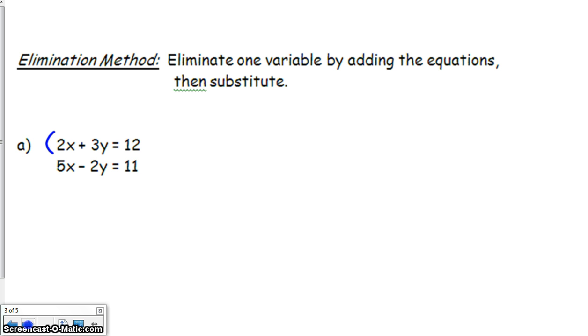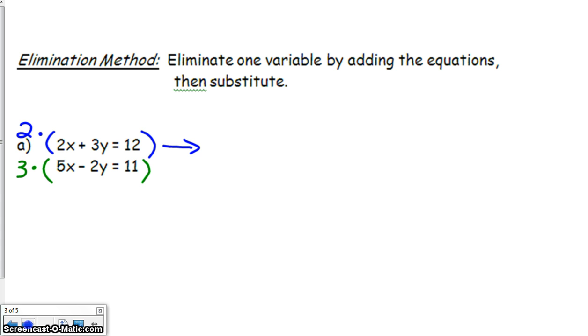So I'm going to multiply my top equation in order to turn the coefficient of y into 6. So I'm going to multiply this top equation through by 2. With my bottom equation, I'm also going to multiply that through in order to turn that y coefficient into 6. So with the bottom equation, I'm going to multiply through by 3. So let's change our equations.